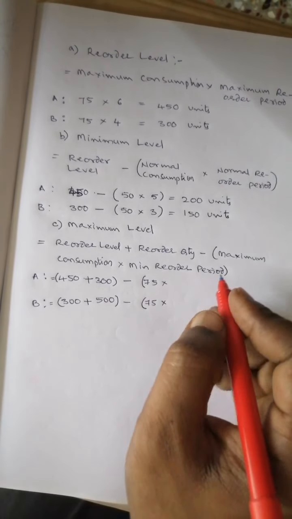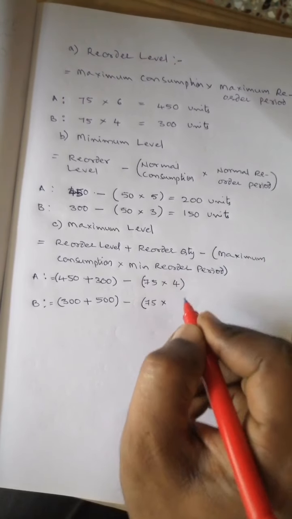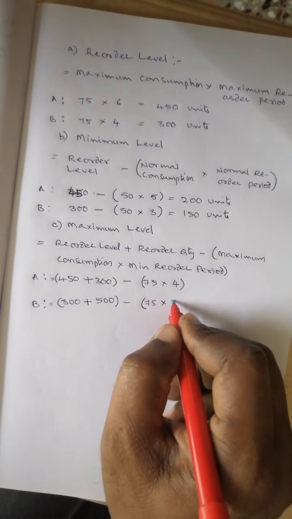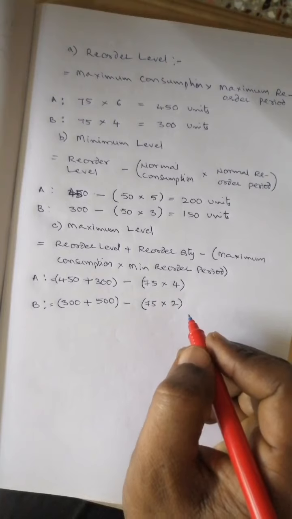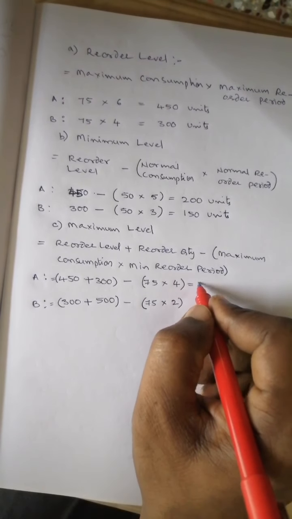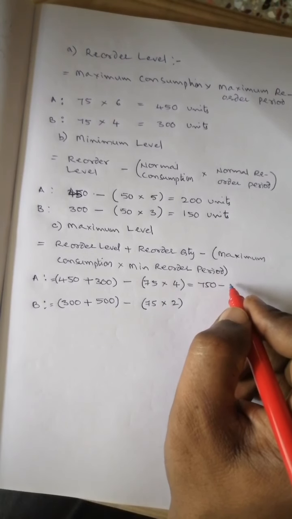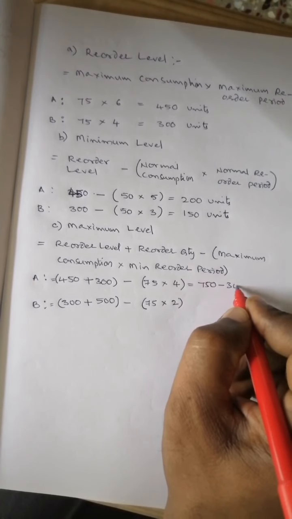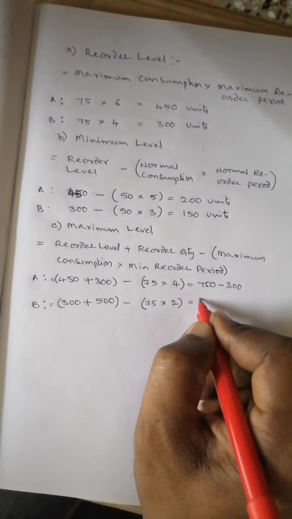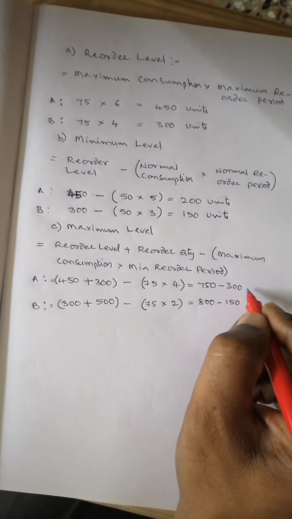Reorder period for A is 4 to 6, out of which minimum is 4. Reorder period for B component is 2 to 4, so minimum reorder period is 2. So how much will you get? 750 minus 75 into 4, 300. Here 300 plus 500, 800, minus 75 into 2, it is 150.